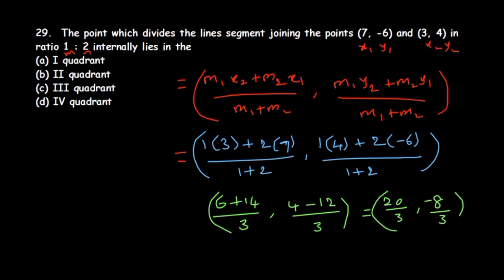So one is positive, another one is negative, meaning x positive, y negative. X positive, y negative belongs to the fourth quadrant. So D is the right answer for this. Generally when we take x-axis, y-axis, here you can find positive x and negative y, so it belongs to the fourth quadrant.